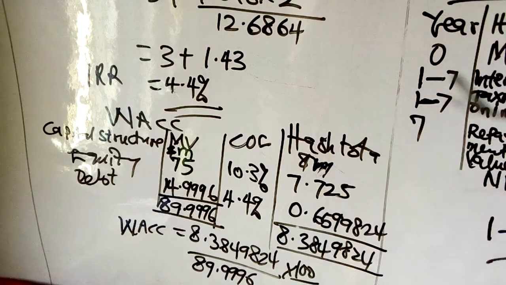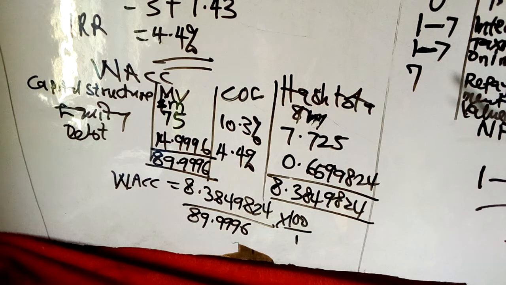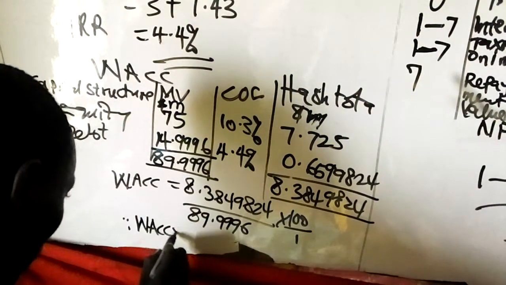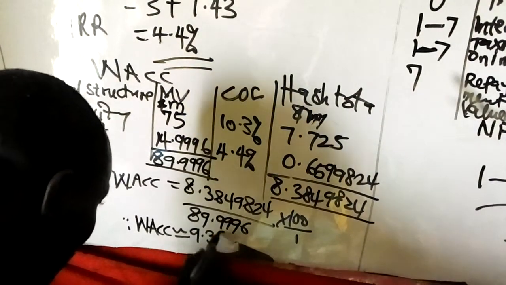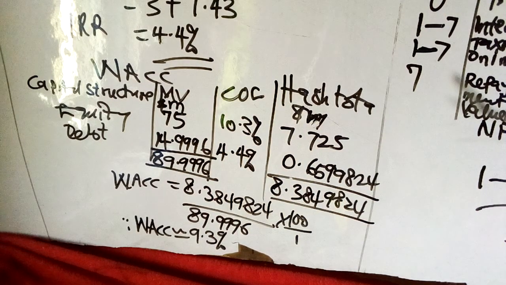So when you divide that, therefore, our weighted average cost of capital is approximately equal to 9.3%. Our WACC is 9.3%. That is all about requirement A.